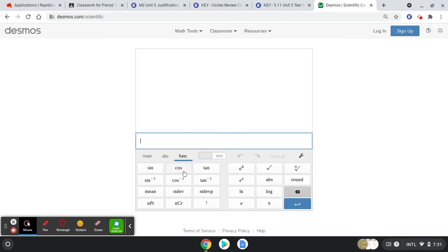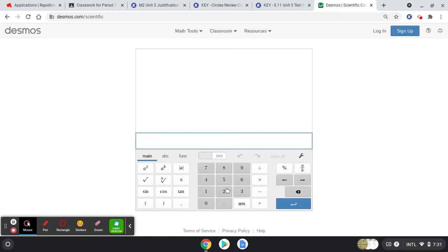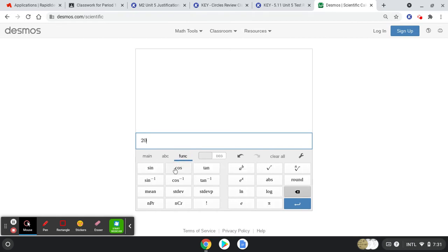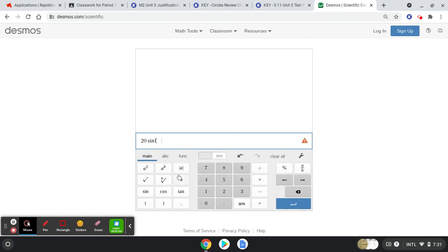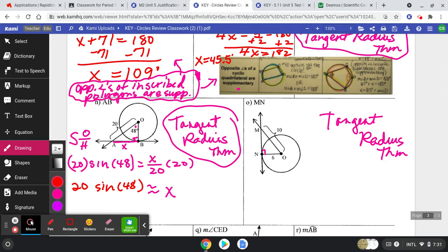Remember that the functions sine, cosine, and tangent are right here. So we're going to go 20 times the sine of 48. And we get 14.86 when we round to 2 decimal places. And we're going to say U for units because they didn't give us any. So trigonometry coming back into play here.